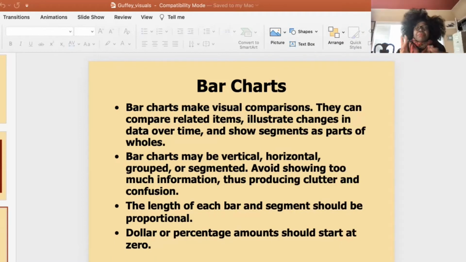Now, remember, a bar chart can be vertical, it can be horizontal, it can be grouped, or it can be segmented. But the length of each bar and segment should be proportional. And if you're ever dealing with dollar or percentage amounts, they should always start at 0. And remember, once there's going to be a visual comparison, you need to do a bar chart.